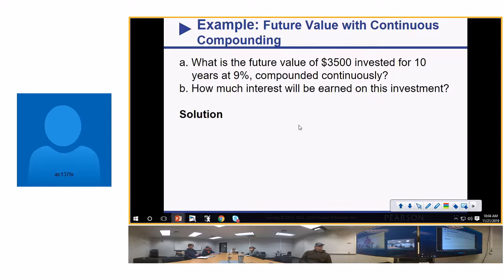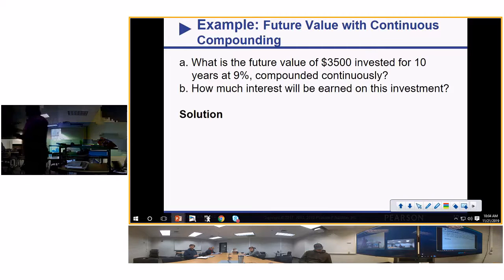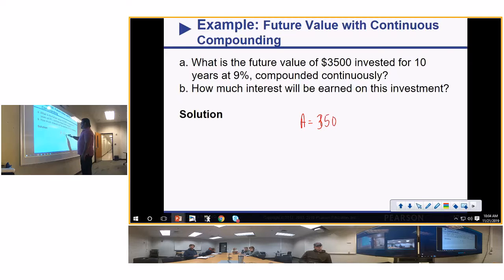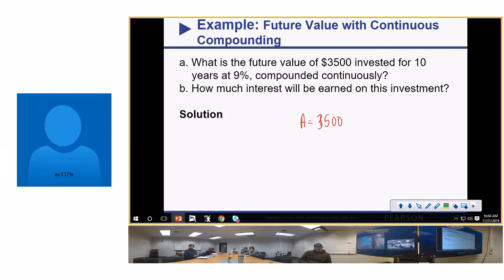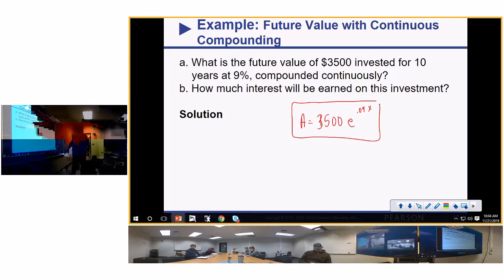What is the future value of $3,500 invested for 10 years at 9% interest? So here, you could plug and chug, and I'm not going to insult your intelligence by telling you to plug and chug, but you can also do A is equal to 3,500 P E to the R X. Graph that, and then use the table to find 10 years.